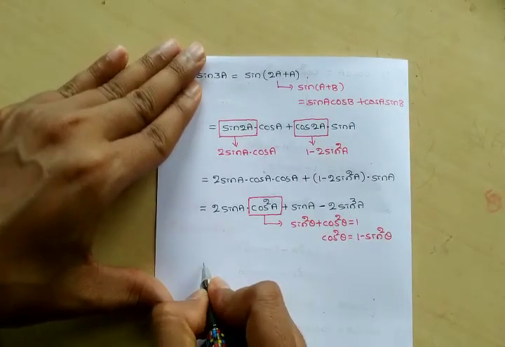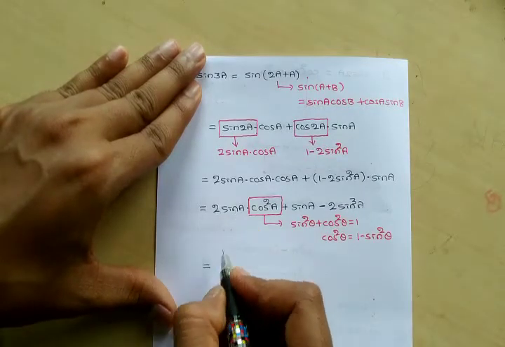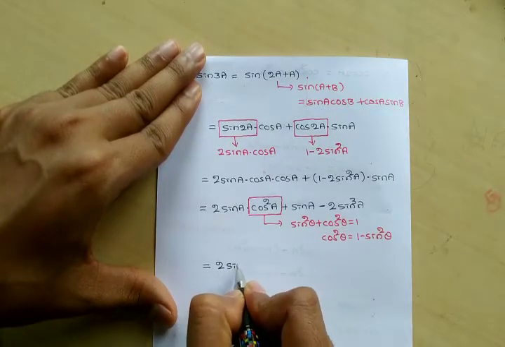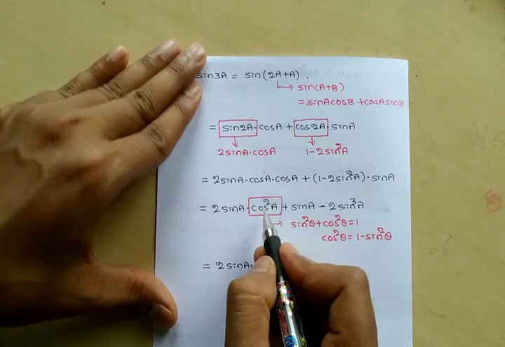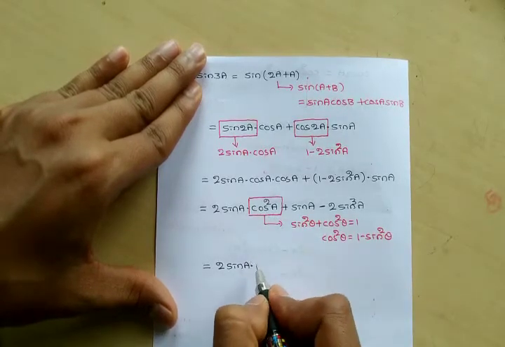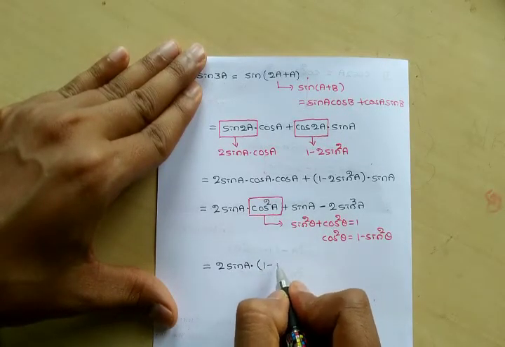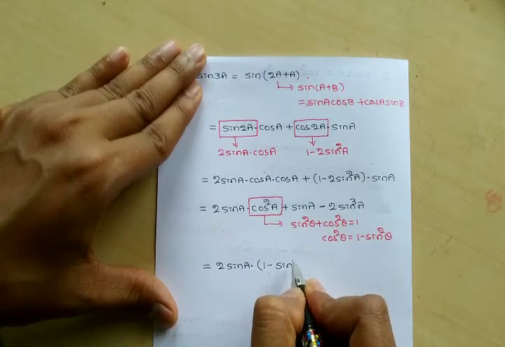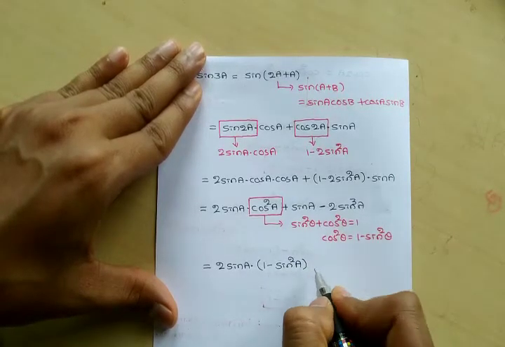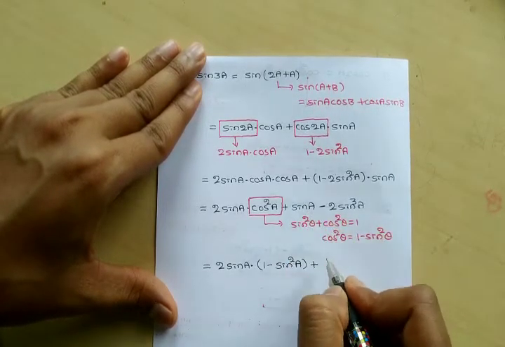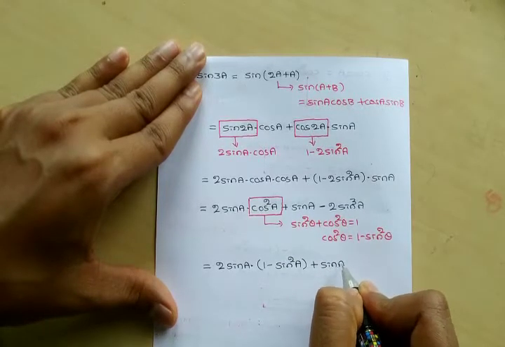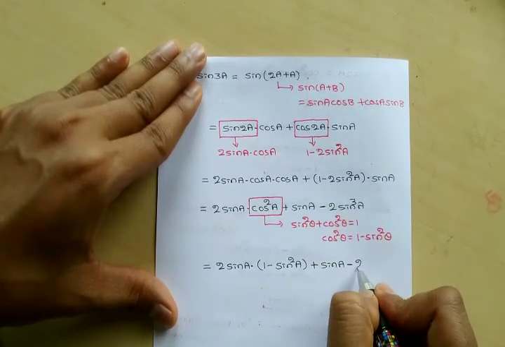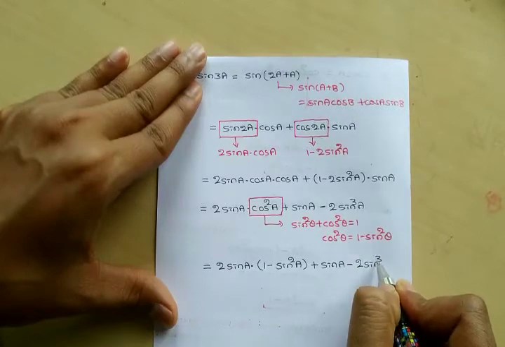Therefore which is equal to 2 sin A, keep it as it is, into cos square A. Cos square A is nothing but 1 minus sin square A, plus this sin A, keep it as it is, minus 2 sin cube A also, keep it as it is.